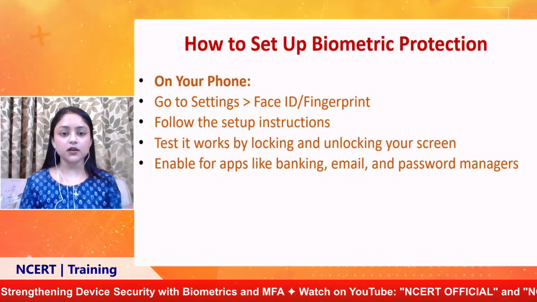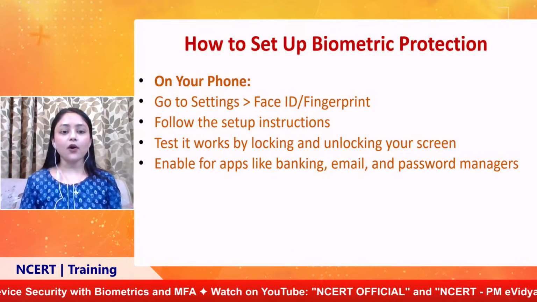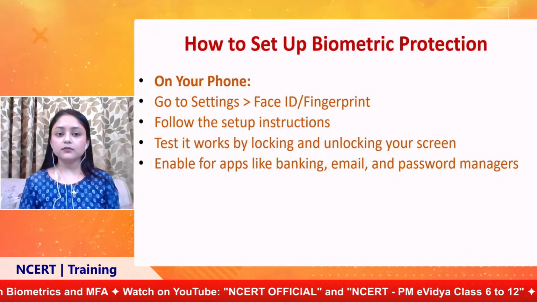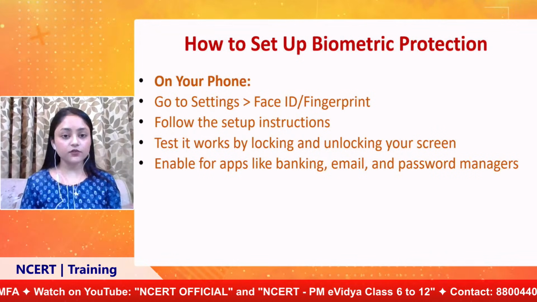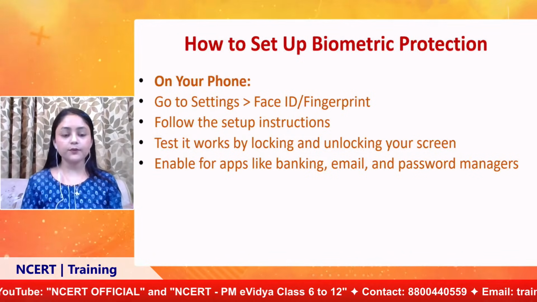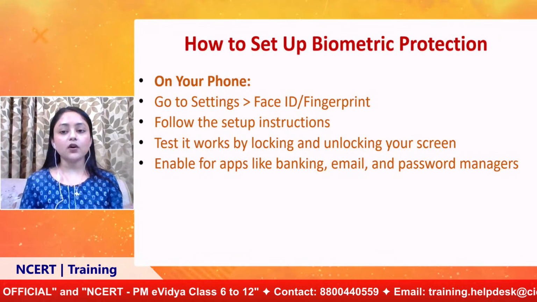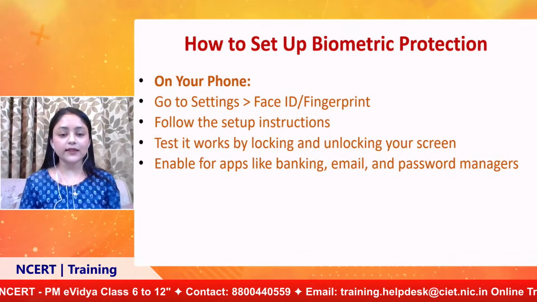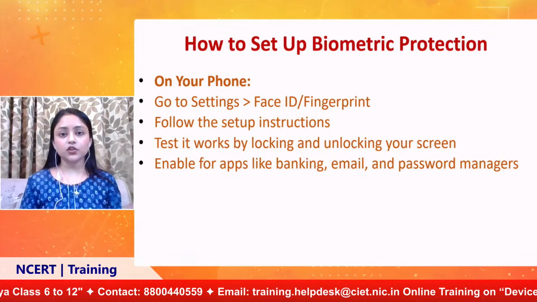You can search accordingly, then tap on it and follow the setup instructions. There will be some instructions, you have to read them carefully and set up the face ID and the fingerprint. Then test that it works by locking and unlocking your screen. Once your setup is done, you need to test whether it is working or not, so just lock your device and then unlock your screen again.